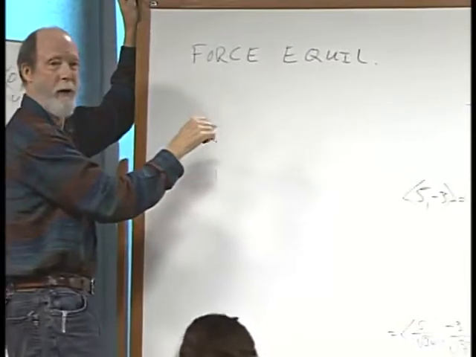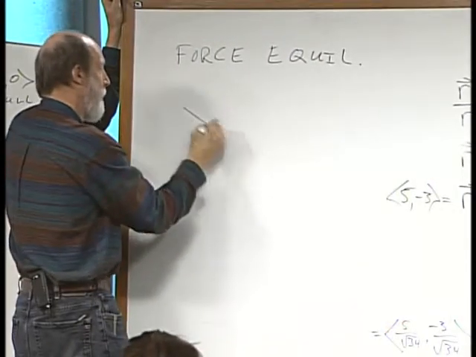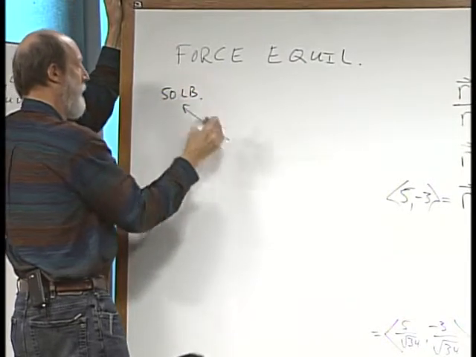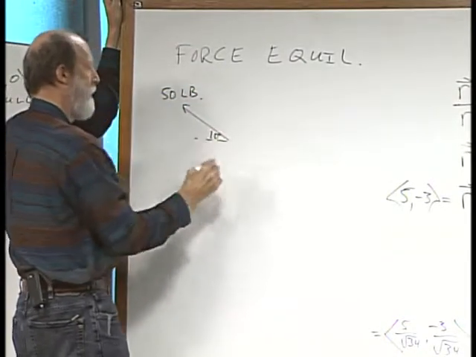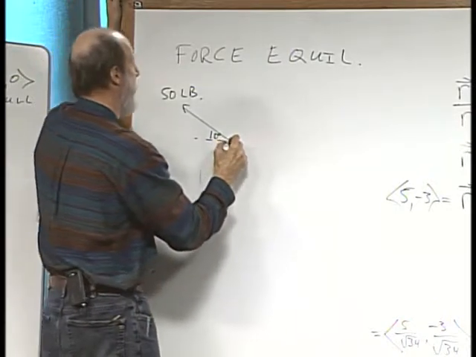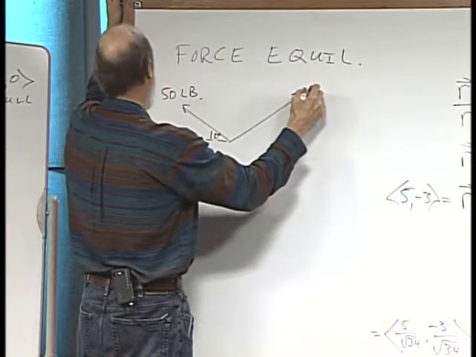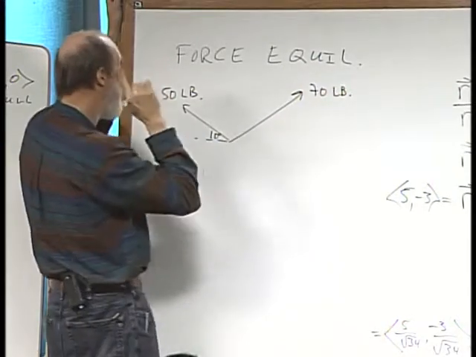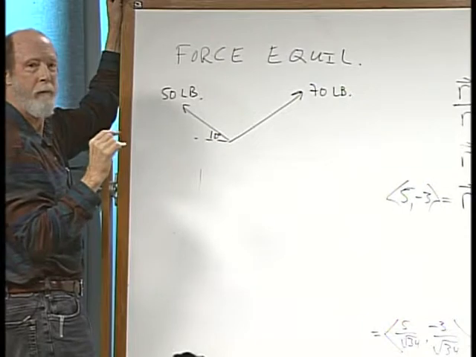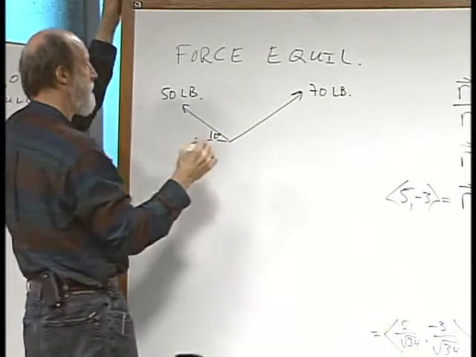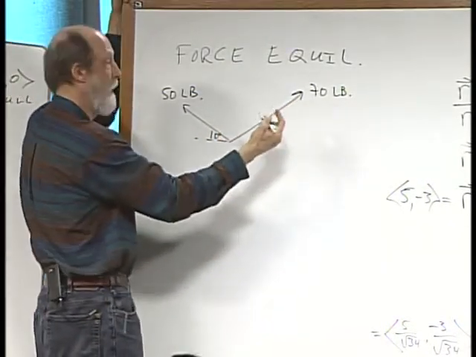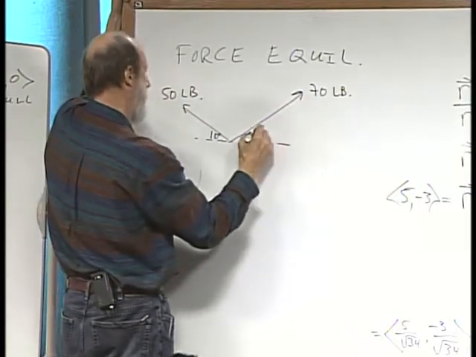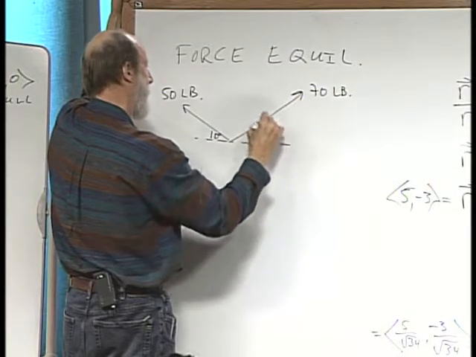Force equilibrium. So let's say I pull on a rope with, say, 50 pounds at 10 degrees here. And I pull with another rope over here at, say, 70 pounds, and it's at, say, 30 degrees from here.